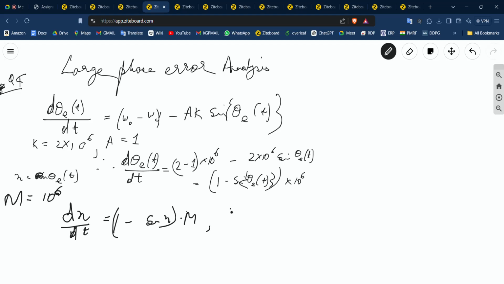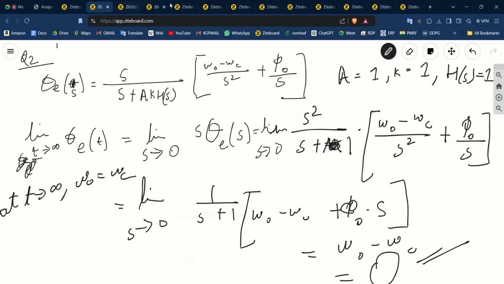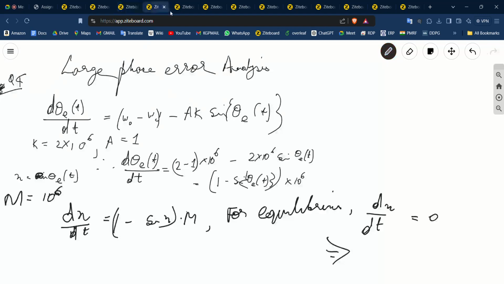For equilibrium, dx/dt equal to 0 implies, sorry, there was a brief mistake.